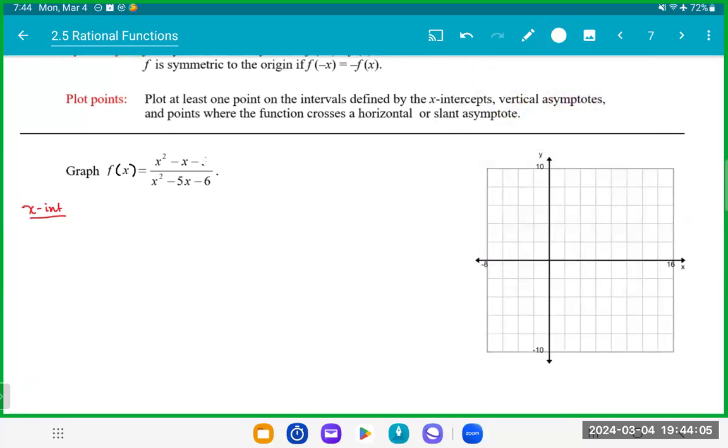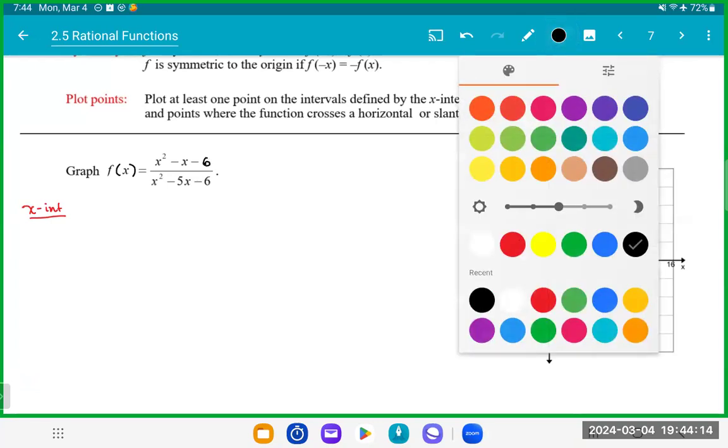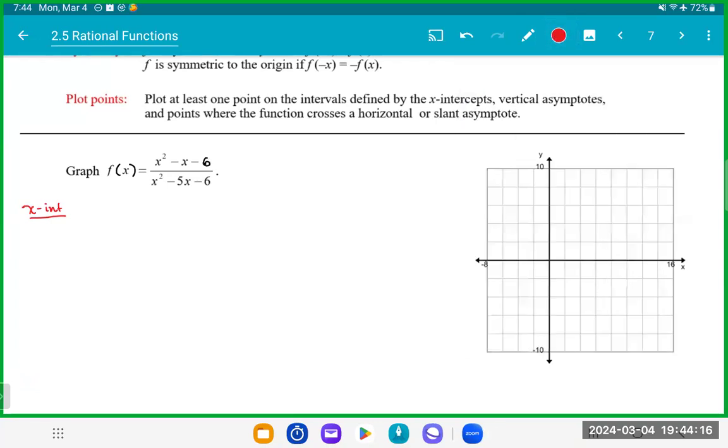This, I'm going to make a 6. That is a typo there. Okay. And so when we look at this, we have our x squared minus x minus 6.